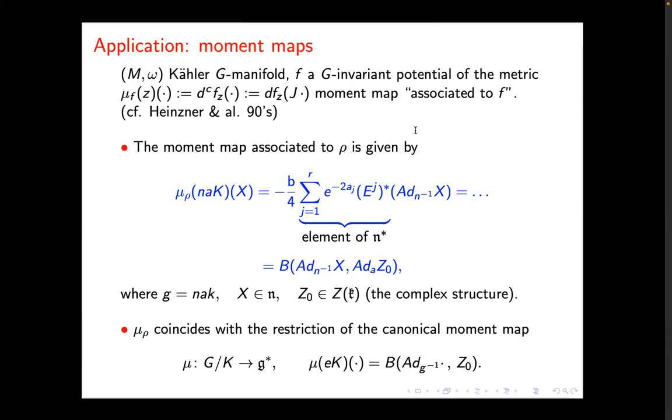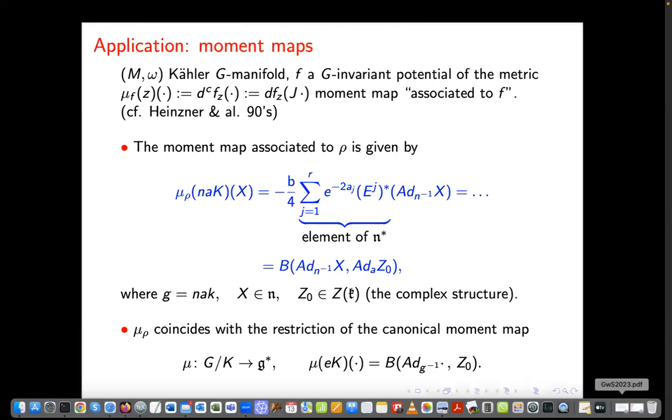So the moment map can also be shown to be exactly this, and it coincides with the restriction of the canonical moment map that goes from G mod K to G star, where G is really the Lie algebra of G, and which is given by the formula on the bottom of the slide.